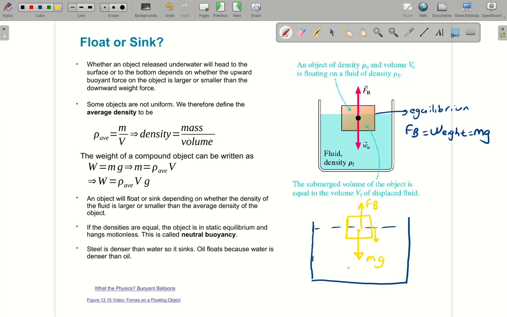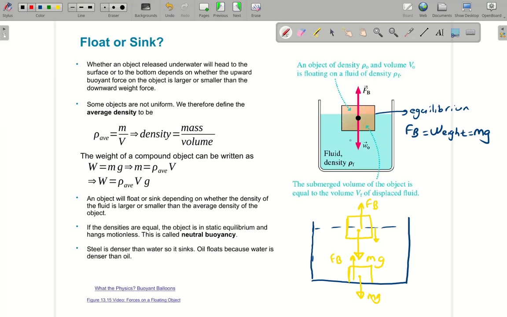And it will sink to the bottom. It will try to be in equilibrium, but it will never be in equilibrium. It still has F buoyancy applied to it, but it will not be able to float because it has a very large density. Whether something can float depends on how large its density is.